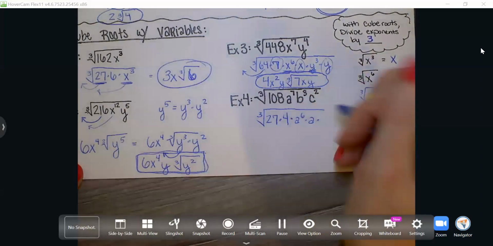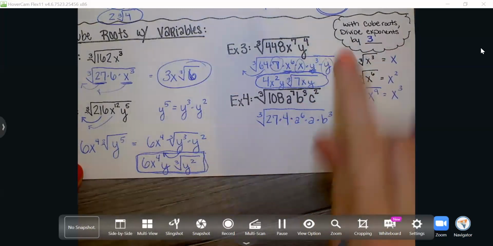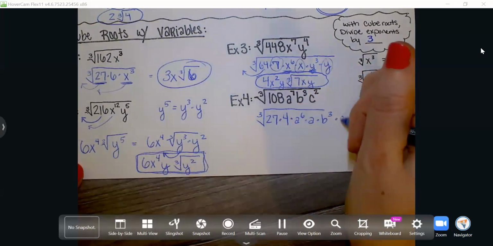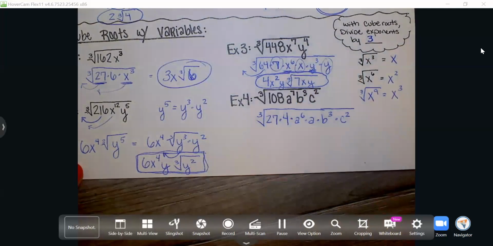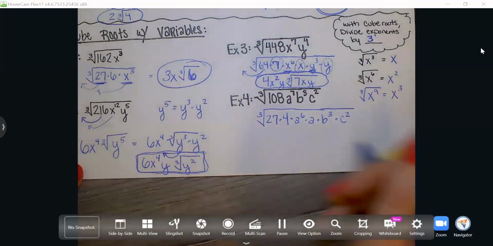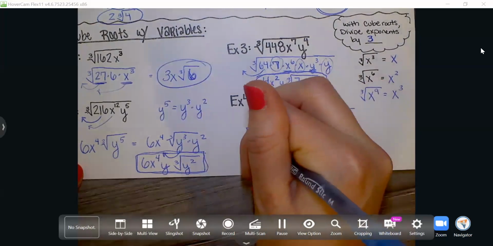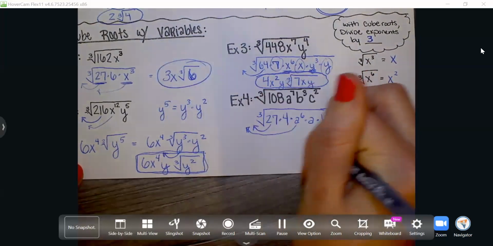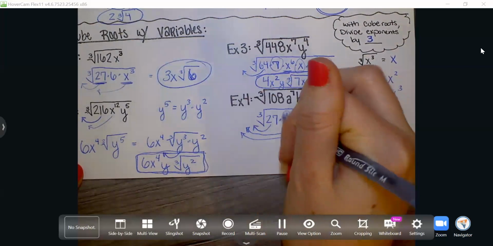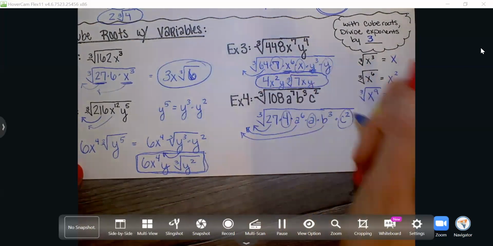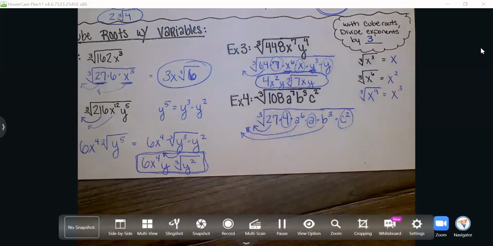B to the 3rd is already a perfect cube. C to the 2nd really can't be broken down into perfect cubes because there's not even 3 C's left there. So this perfect cube gets to come out. A to the 6th, that perfect cube gets to come out. B to the 3rd, that perfect cube gets to come out. The 4, the A, and the C to the 2nd are all going to stay in.